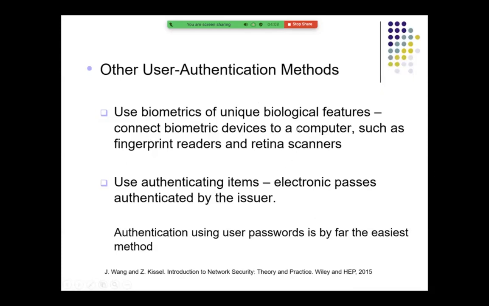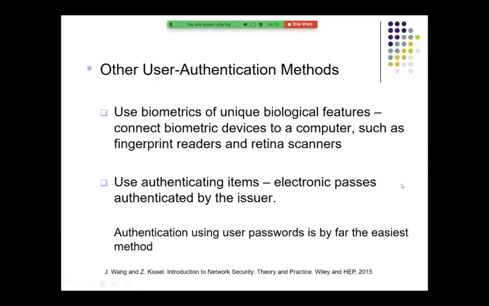So we have these methods on smartphones, or use electronic passes. Once you authenticate yourself, then you will be issued an electronic pass. Then you can use that pass to authenticate yourself for other services without retyping your passwords.